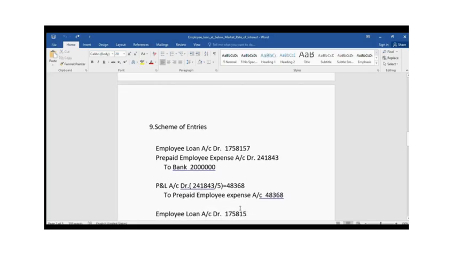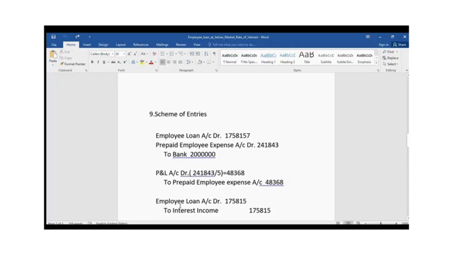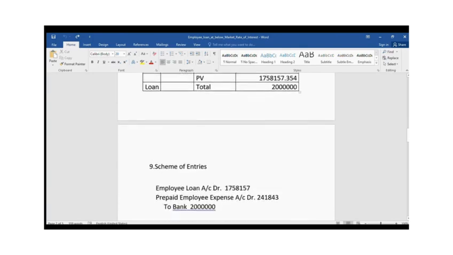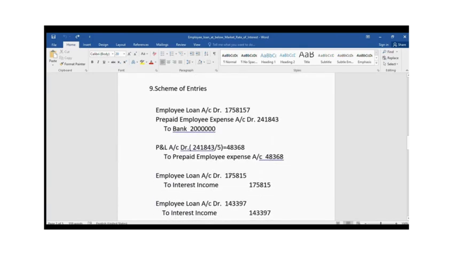Now the entry for the interest would be debit to employee loan account and credit to interest income, with 10% of the interest income. So this figure 175,815 would be the amount to be credited at the end of the first year. So employee loan account debit 175,815 to interest income 175,815.